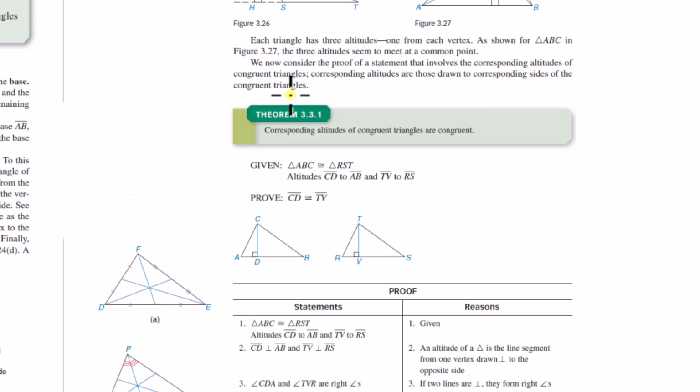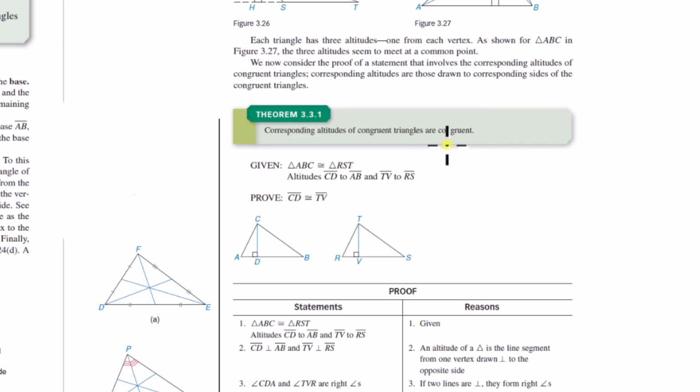And so it's common sense, even though they have to prove this officially here mathematically. This theorem, from just an intuitive standpoint: corresponding altitudes of congruent triangles are congruent. That's common sense. It's the same triangle. Every corresponding anything is going to be equivalent.